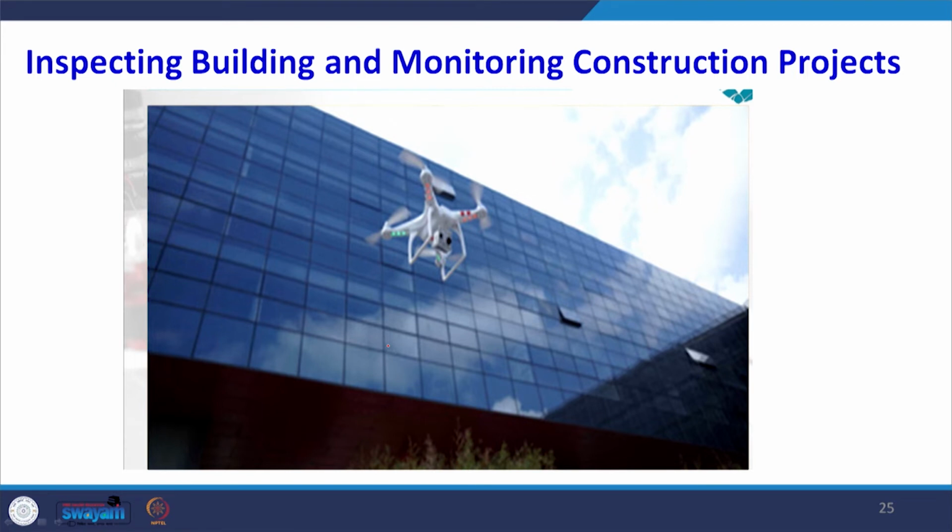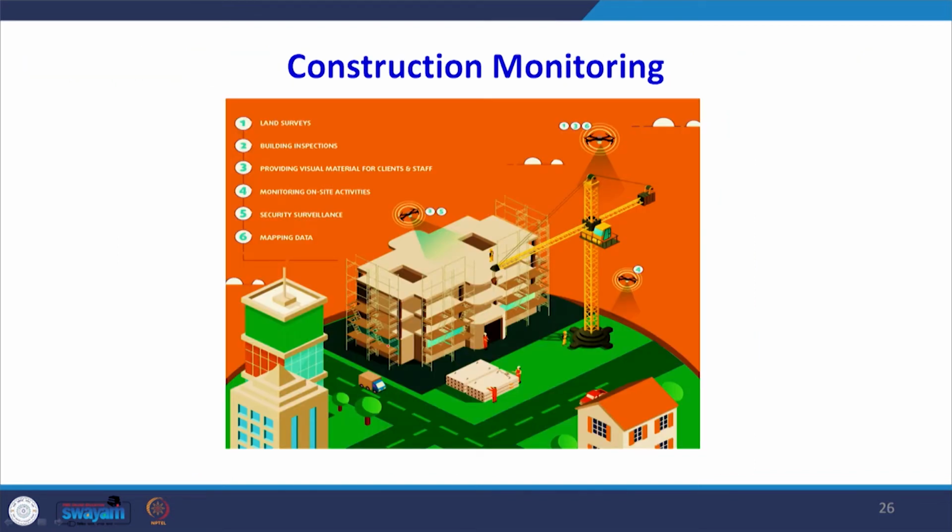Construction activity, whether it is inspecting a particular building or monitoring a construction project, and particularly inspecting high-rise buildings after an earthquake, is very important. So, this is used in a lot of construction activity; in monitoring an ongoing construction project, the drone is found to be very helpful.